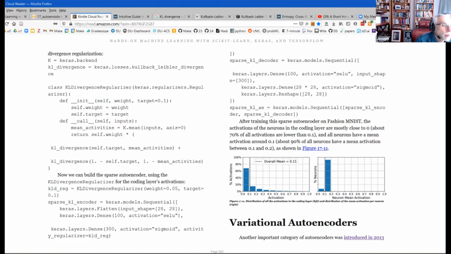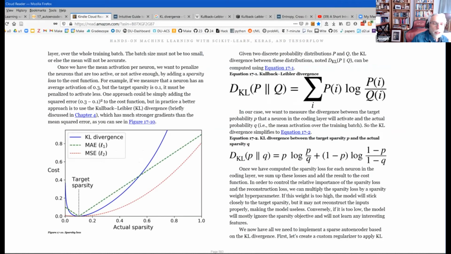So this is like the 1 minus Q, and this is the 1 minus P. So sorry, this is the KL divergence calculated from P and Q. And then this is the KL divergence calculated from 1 minus P and 1 minus Q, back over here. See that? So this is the KL divergence of P and Q, and this is the KL divergence of 1 minus P and 1 minus Q, as you can see from this formula, right?